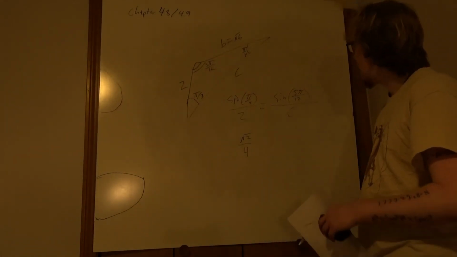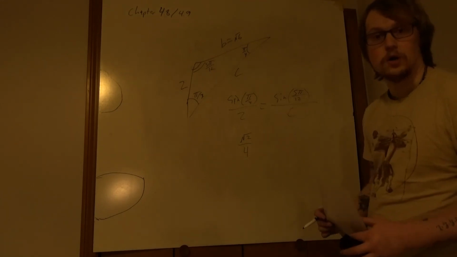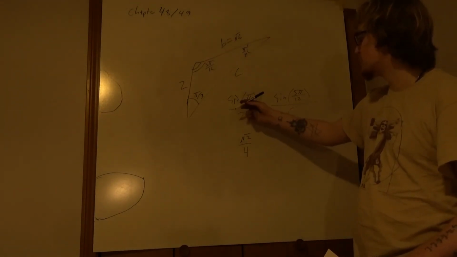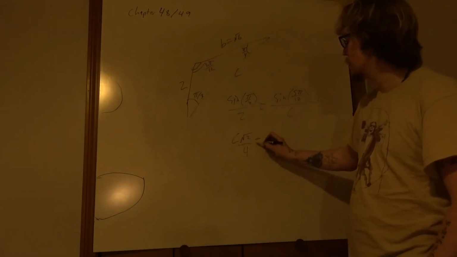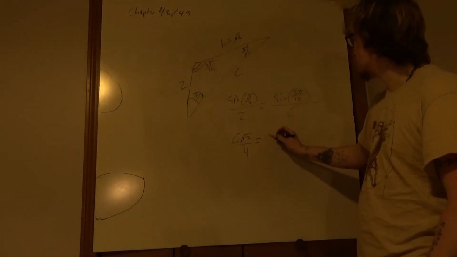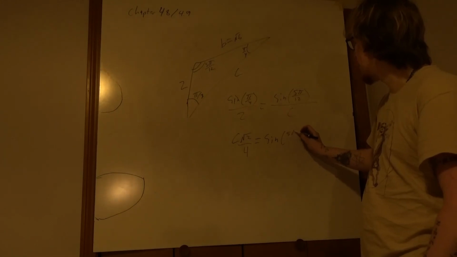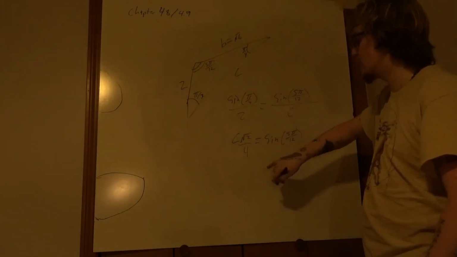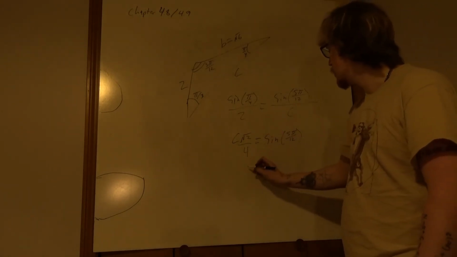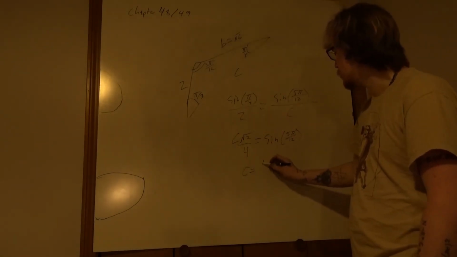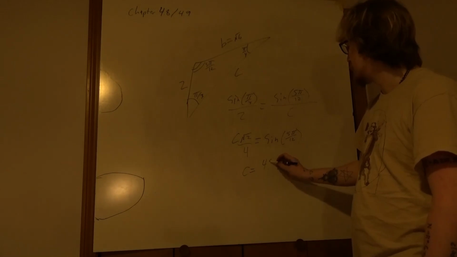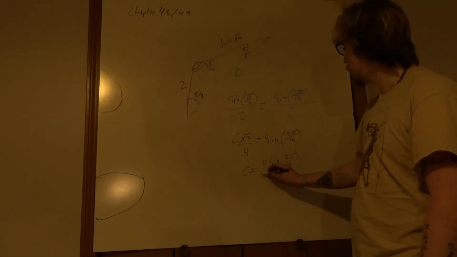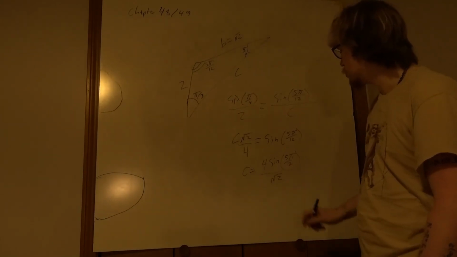So now let's try to see if we can solve for C. We can solve for C by multiplying by C on both sides to get C times root 2 over 4 equal to sine of 5 pi over 12, and then we can divide by root 2 over 4 to get C equal to 4 times the sine of 5 pi over 12 all over root 2.